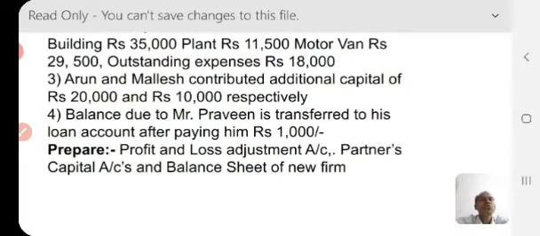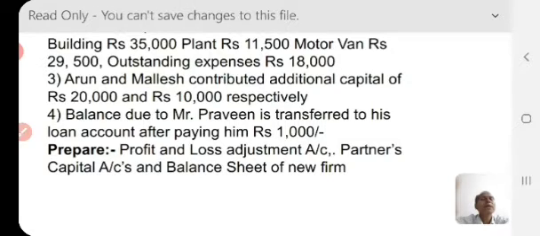Balance due to Mr. Praveen is transferred to his loan account after paying him rupees 1,000. So first we have to pay 1,000 rupees to Praveen, and the remaining amount is to be transferred to loan account.